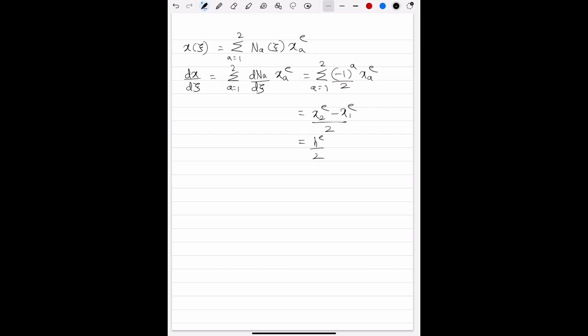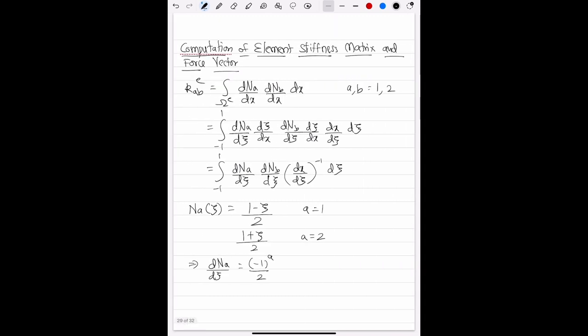So now we substitute the relations dx/dpsi equal to h^e/2 and dN_A/dpsi equal to (-1)^A/2 into this integral.